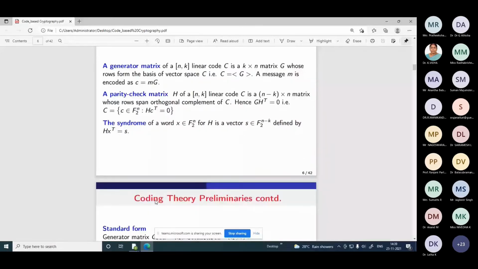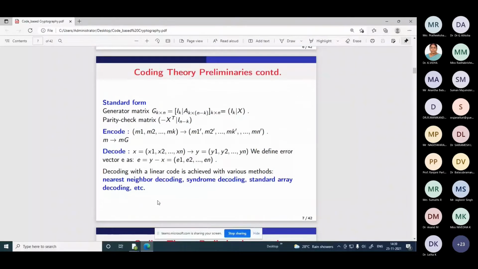Every code will have a generator matrix, and you can put the generator matrix into a standard form. For any code, which is a vector space, the bases need not be unique, so depending upon every basis you will have a generator matrix.